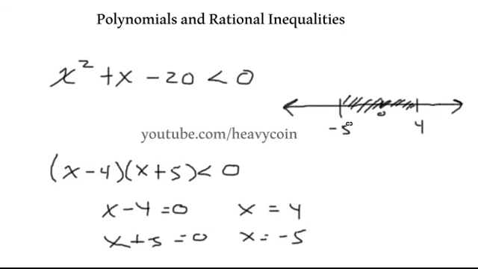So the solution set is going to be between negative 5 and 4. Notice I use parentheses here because this is not including the equal sign. It's strictly less than, so we cannot include negative 5. If you plug negative 5 in, we'd get 0, and 0 is not less than 0.